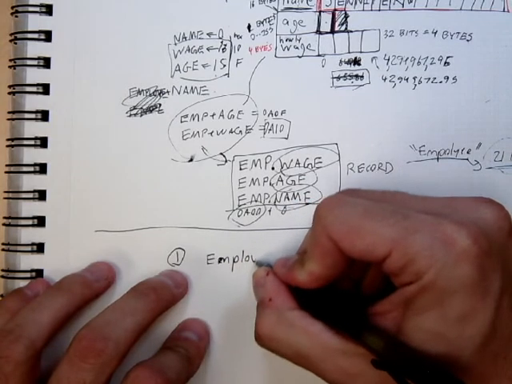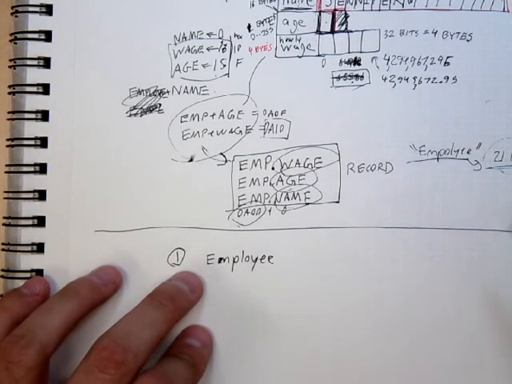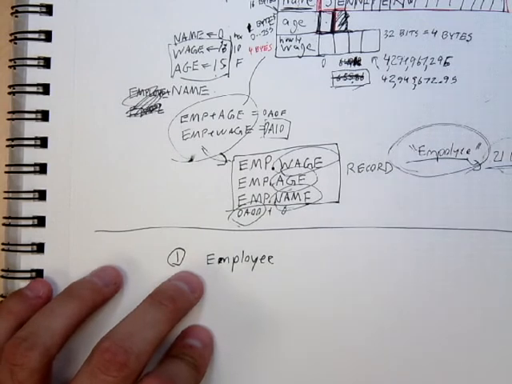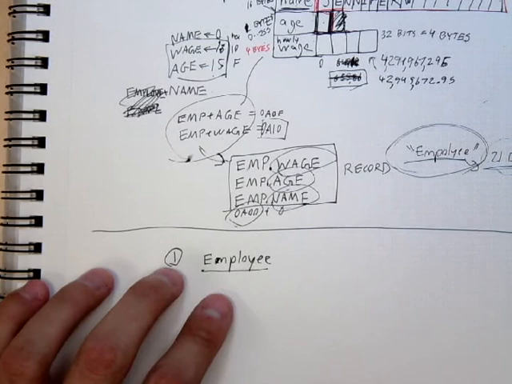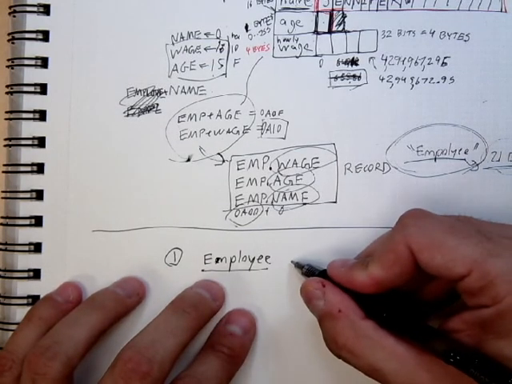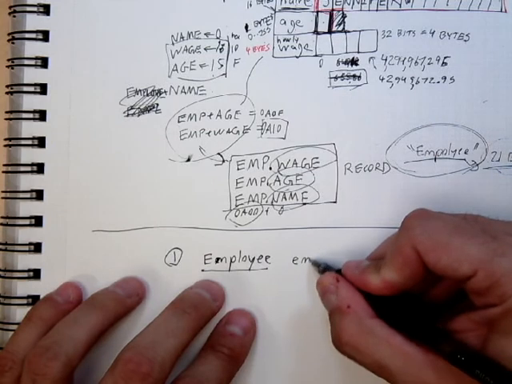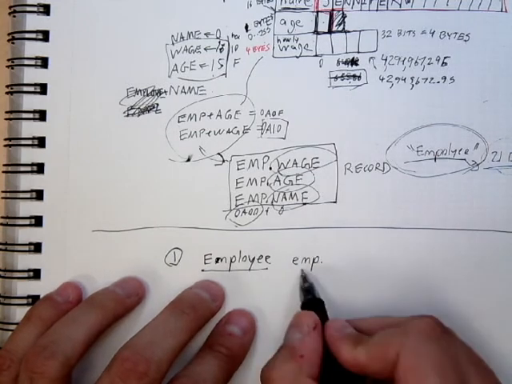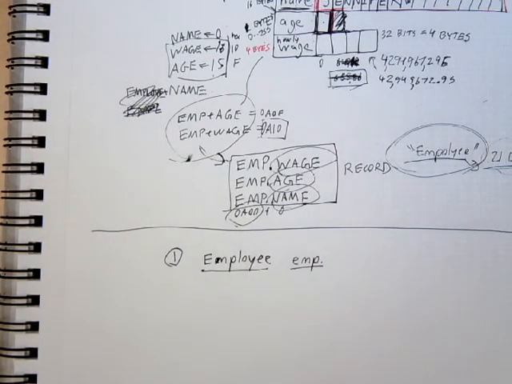So the convention here is when we're using some sort of a more complicated type of value, we're going to list the type of the value first. So we're saying, I'm about to tell you that there's an employee, and his name is EMP. So I've just basically said there's a new variable called employee.